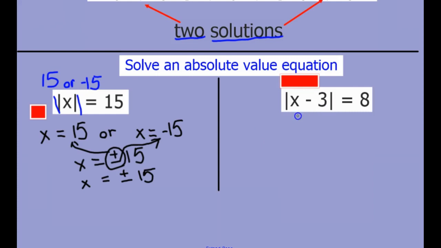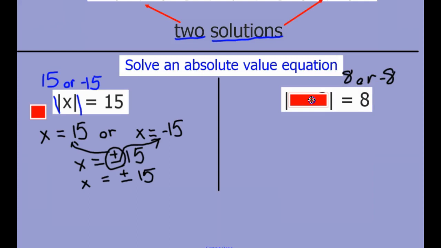Over here we have an equation. Now if I were to move this in front of our numbers, all we have is our shower equals 8. Anything that goes into our shower is going to come out a clean 8. So we know what is 8 distance away from 0. We know it's either 8 or negative 8.